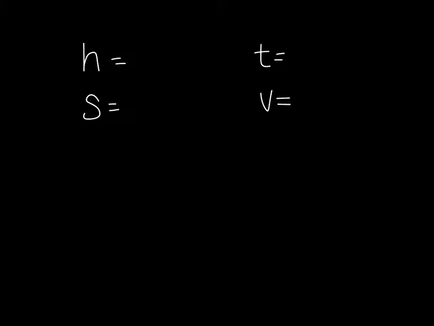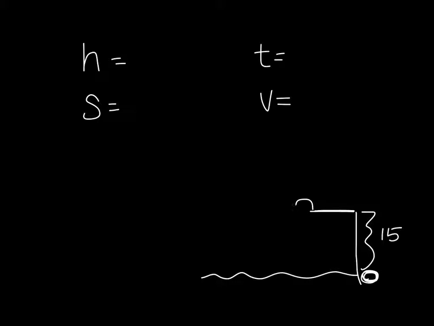It's a 15-foot diving board. That means the diving board is 15 feet off the water. The water is considered 0, ground 0. So 15 feet is your starting height.